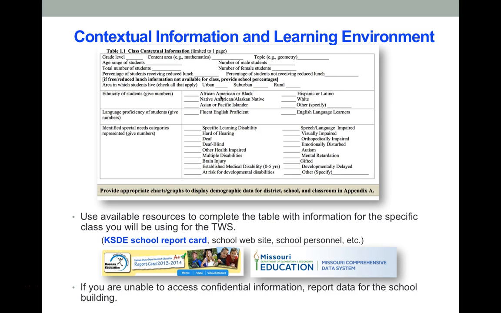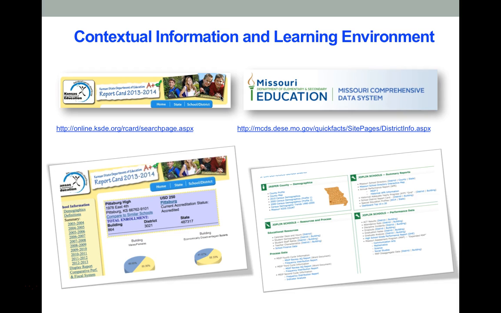Now, to get that information, especially on your school, you can go to, every state has a state report card. Our Kansas State Department of Education has a report card for every school, giving all kinds of data. So there's Missouri, Oklahoma, wherever you're located. And we'll give you those sites in the module to make sure you go. For example, in Kansas, you'll go to the KSDE organization report card, and then search for your school district.